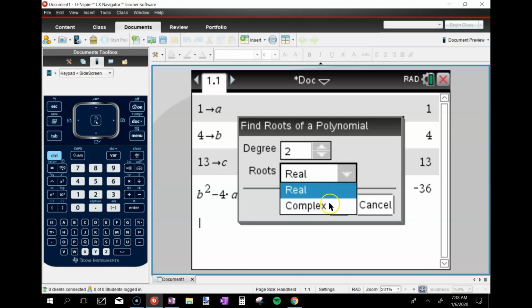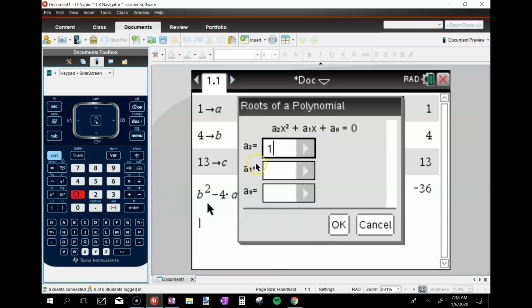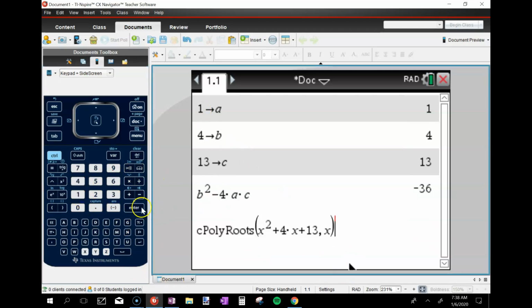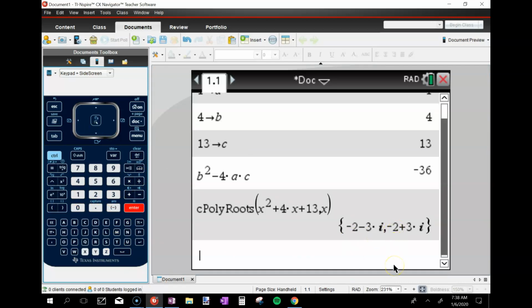Real roots or imaginary roots? Imaginary, so I'm going to go to complex because I know what's going to happen. So I have a 1, a 4, and a 13. And it gives me my roots. Negative 2 minus 3i, negative 2 plus 3i.